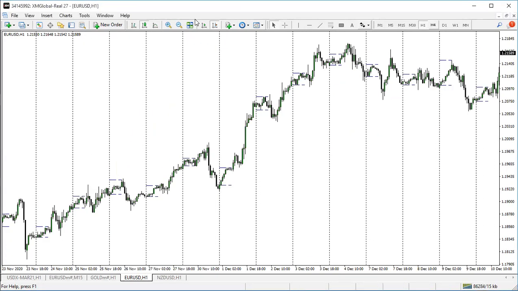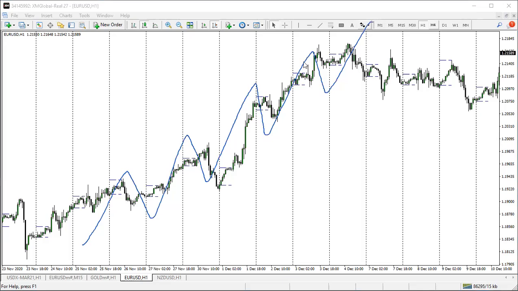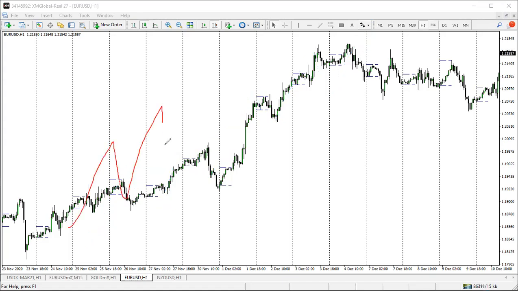Right, so like I was saying, now if this is your uptrend, if this is your BMS, like this. Yeah, this is the uptrend and this is the BMS.